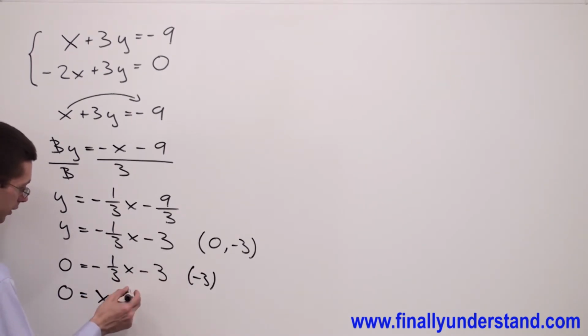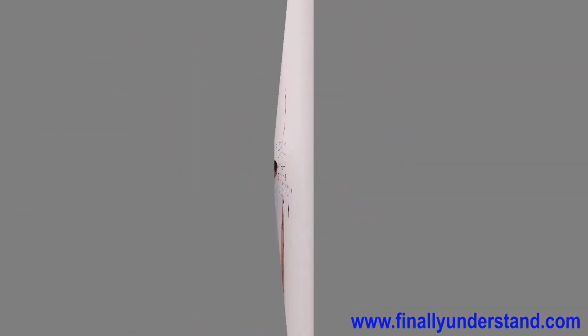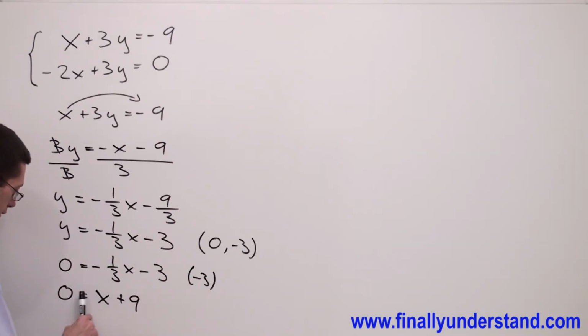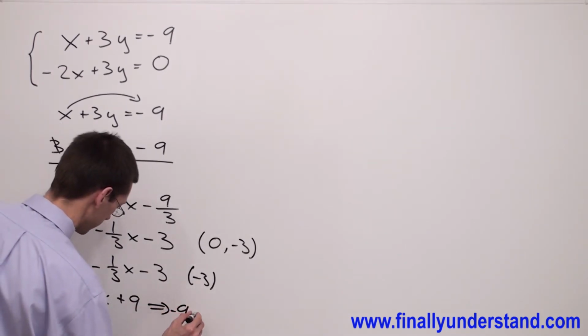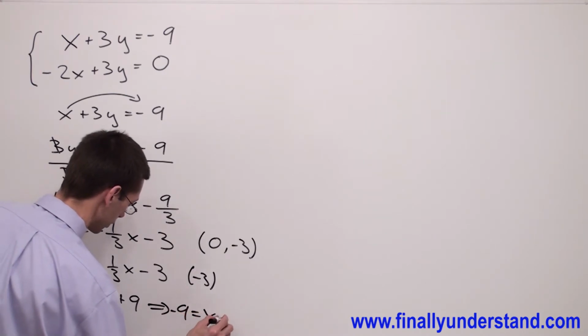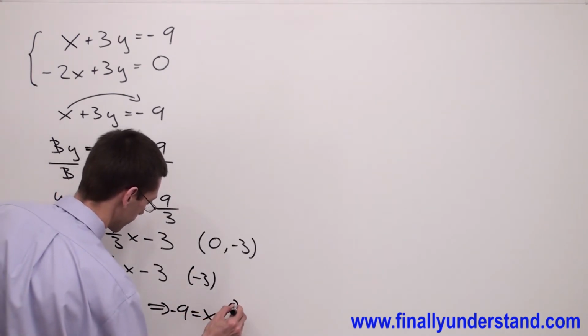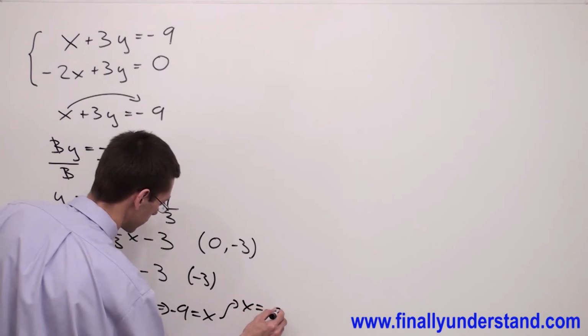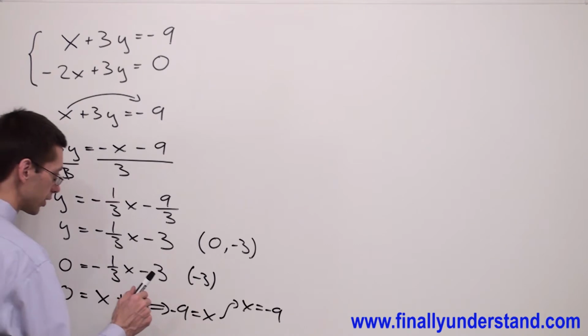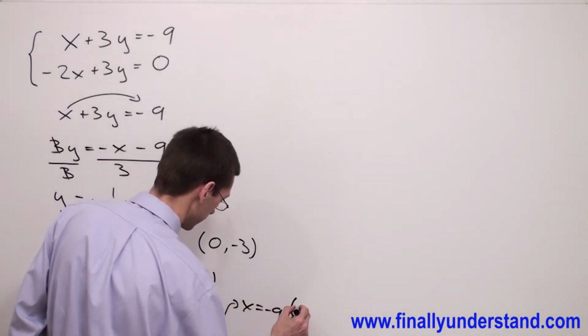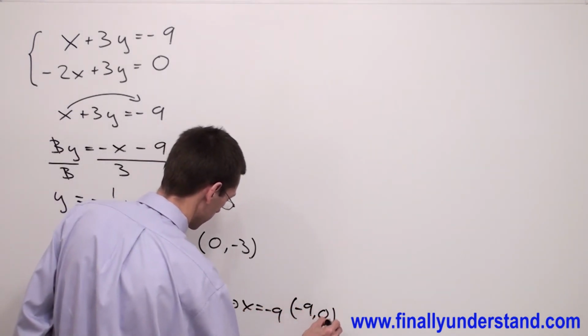Negative 3 times negative 3 is positive 9. In order to solve this equation for x, I have to move 9 to the left side of the equal sign, and you are going to obtain negative 9 equals x. You can rewrite this as x is equal to negative 9. So the x-intercept is nothing else, just negative 9, 0.